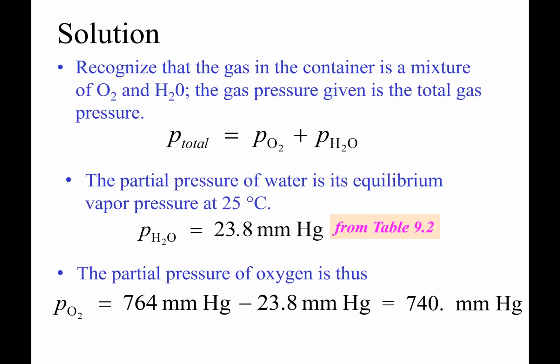So do that subtraction, round it to the nearest unit of 1, because I only have the nearest 1 here, the tenths here, so I got both ones. You're looking at 740. millimeters of mercury, where the decimal is important here to show that the uncertainty begins at the 1. So now for PV equals nRT for the oxygen, we know the volume, we know the temperature, we know the pressure, and now we can get to n.